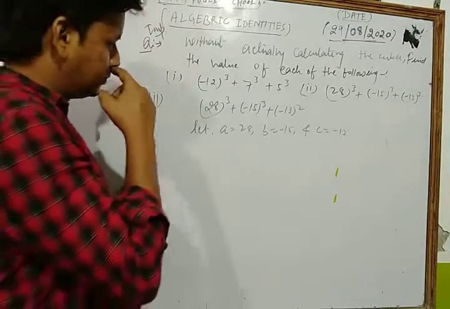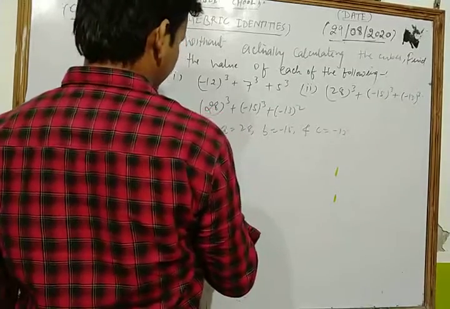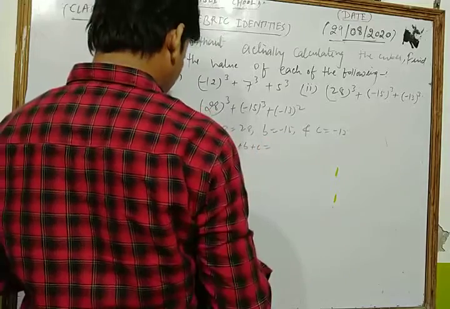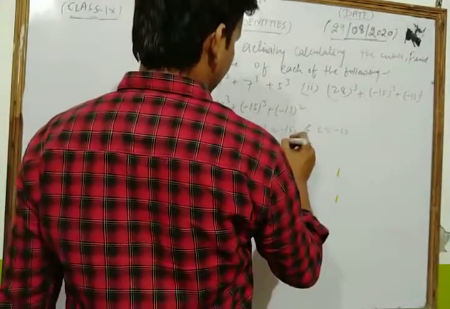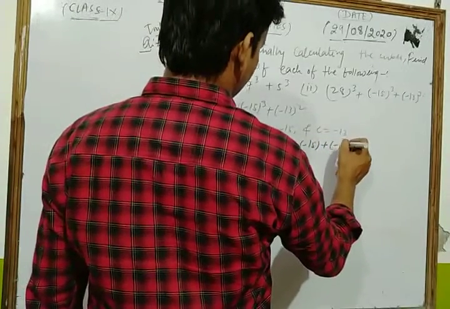Okay, now first we find the value of a plus b plus c. Dear student, the value of a plus b plus c is 28 plus minus 15 plus minus 13.